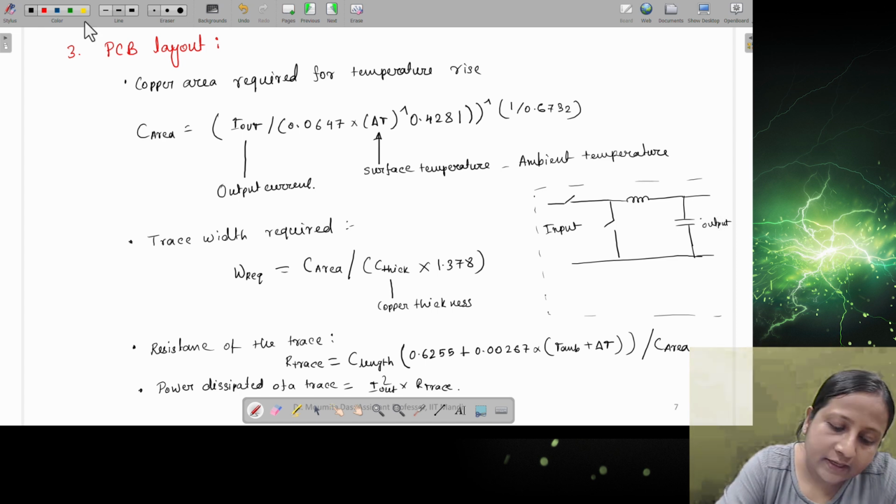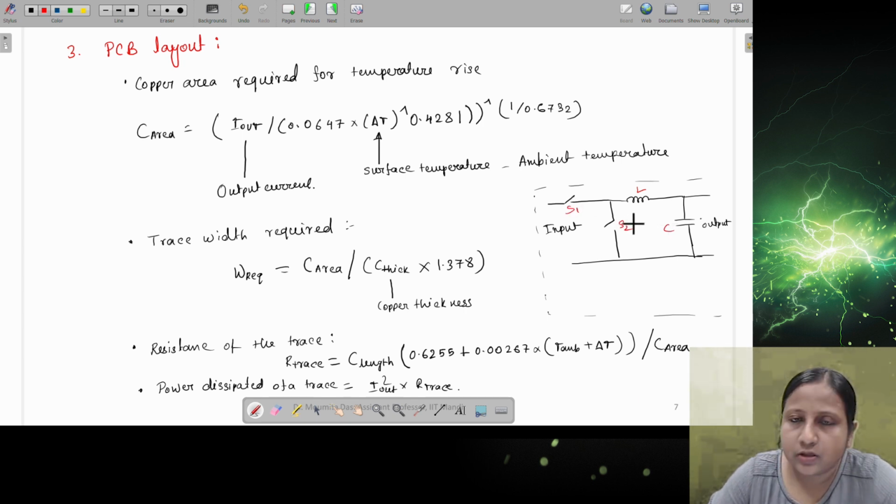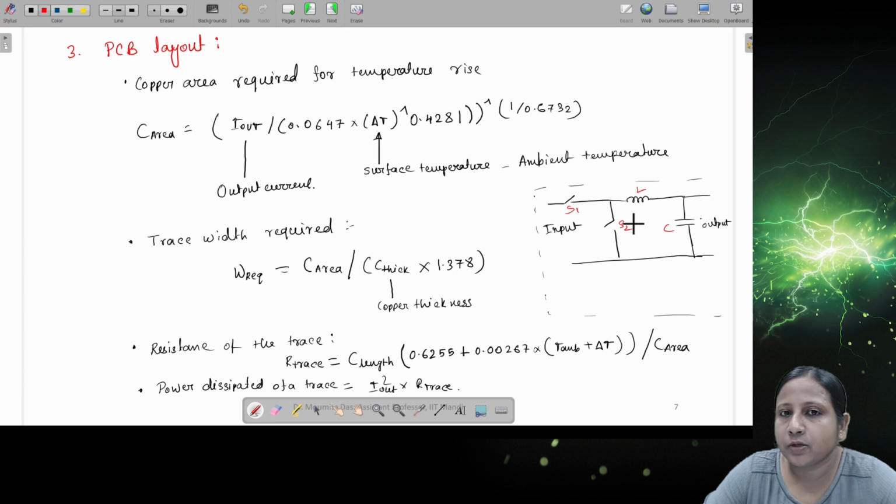You can see here the magnetics-related losses, inductor-related losses, capacitor-related losses, and then the switch and diode, which I did not discuss in detail today. I discussed it in the last class. If instead of S1 and S2 you use a diode in place of S2, the loss will be different. That way you can again optimize the losses in the semiconductor devices or active components.